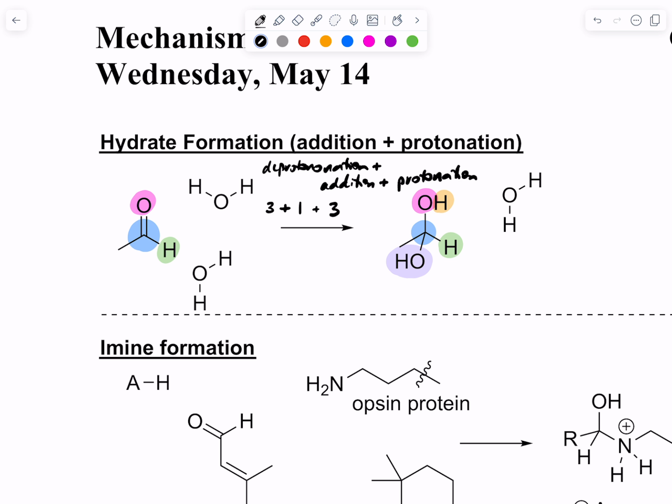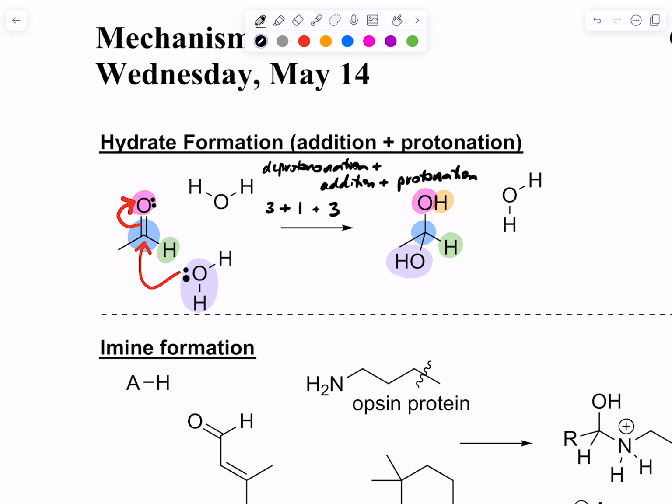Lone pair electrons on water act as the nucleophile and attack the carbonyl carbon, breaking the carbon oxygen pi star and moving electrons out onto the oxygen.